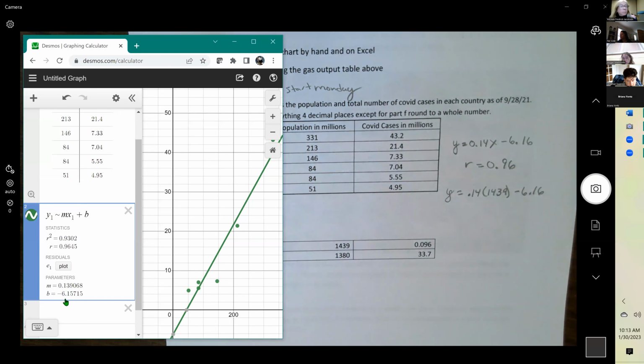What do we get? Almost a positive 1. We should get a very positive number. Very large.